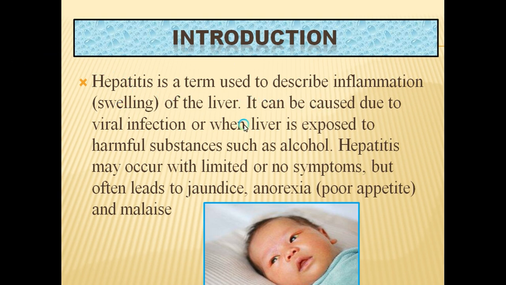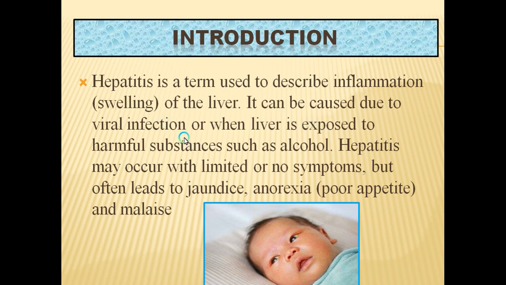It can be caused due to viral infection or when the liver is exposed to harmful substances such as alcohol. Okay, for small children, alcohol will not be the cause because they are not exposed to it. But for small children, viral infection is one of the common causes.